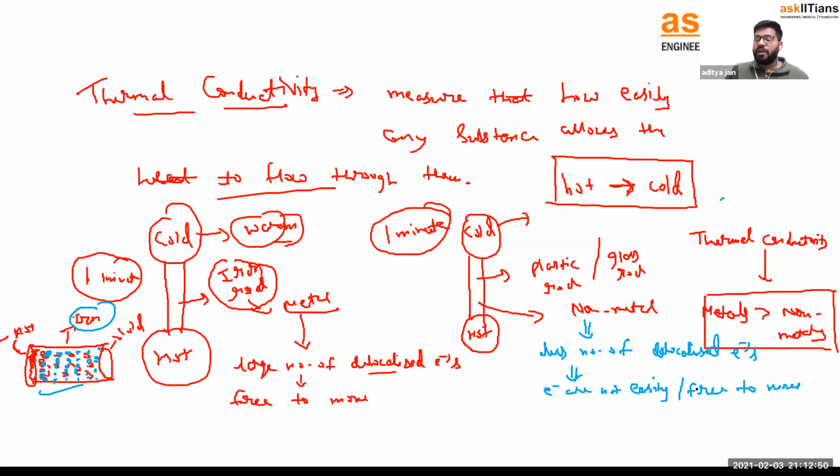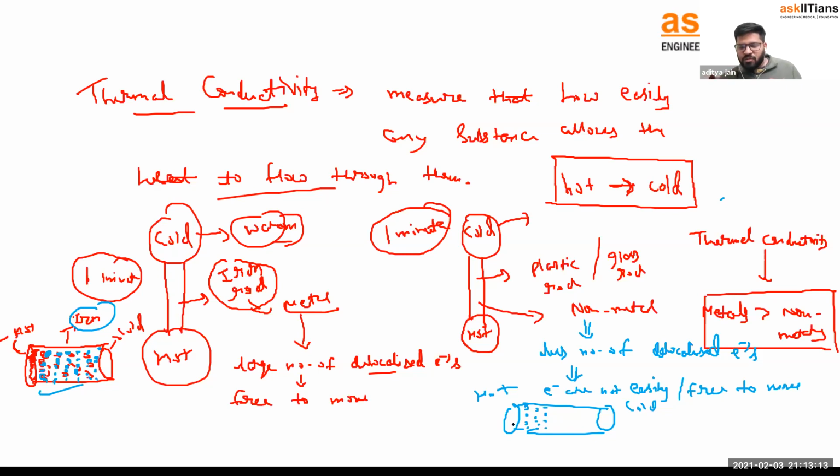Yes or no? So if they are not free to move easily, what will happen? Once you connect the hot part of the body to the cold part via non-metal, this is hot, this is a cold body, transfer of energy will not take place at a much higher rate because these electrons are not easily movable. So they will not be able to transfer the heat readily.